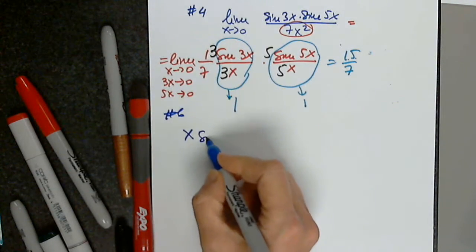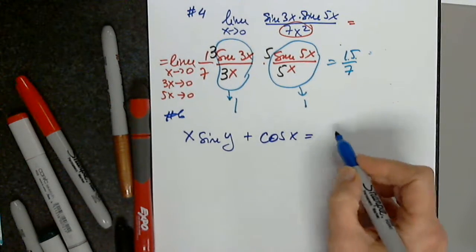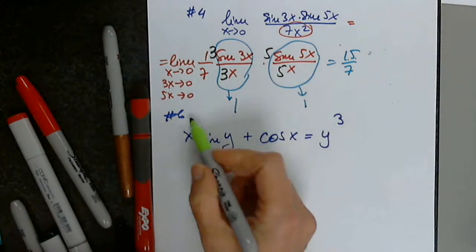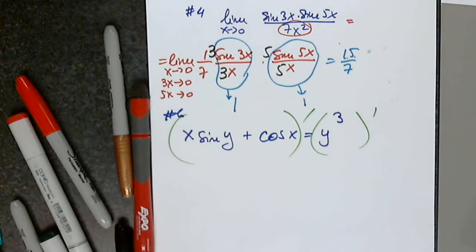So x sine y plus cosine x equals y to the third. So when we differentiate the left-hand side and the right-hand side, the left-hand side has a product, so we have to be careful there. And the right-hand side is a power, so it's a function to the third power.